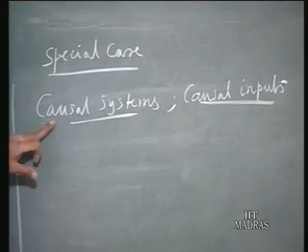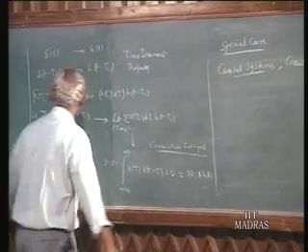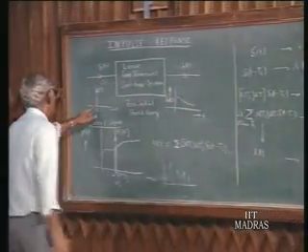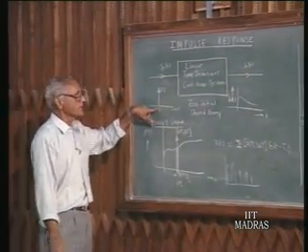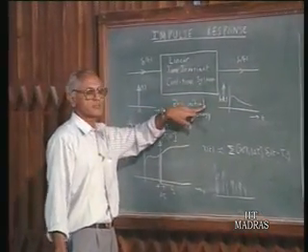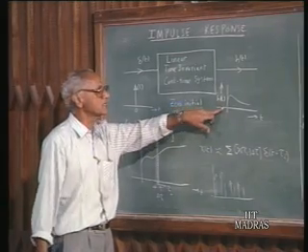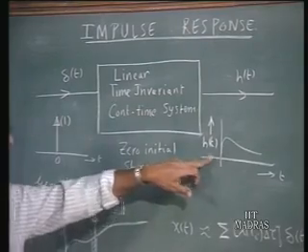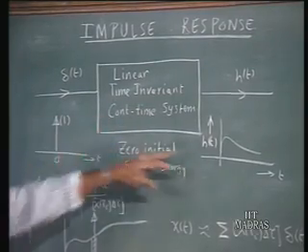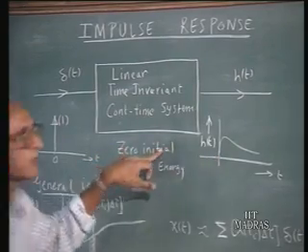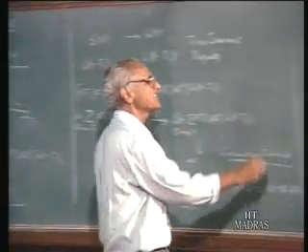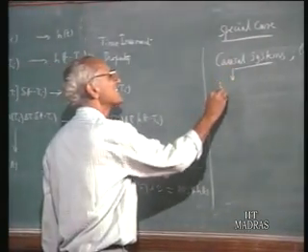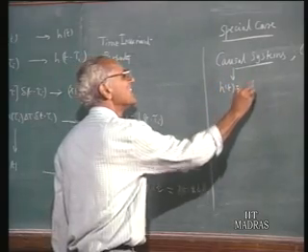If the system is causal, then an impulse delta of tau given here cannot have an impulse response for negative values of time. That means h of t will be 0 for t less than 0. So, if the system is causal, the impulse response must be 0 for negative values of time. So, the consequence of a causal system is h of t is 0 for t less than 0.